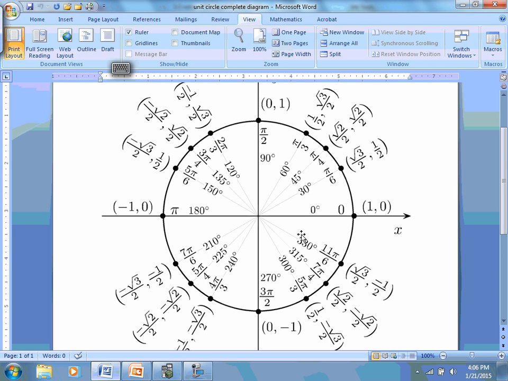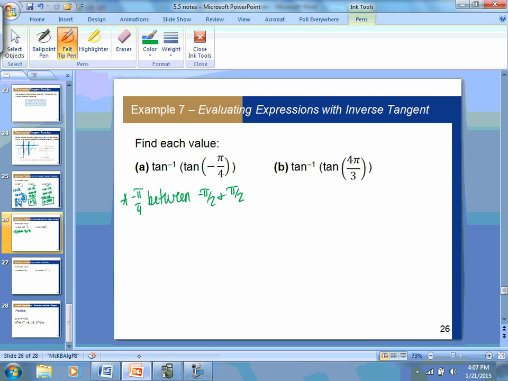Here's pi over 2. Here's negative pi over 2. Negative pi over 4 would be right here. We're going back pi over 4. So it is definitely between pi over 2 and negative pi over 2. So yes, it is between them. That means I can go ahead and just cancel those out, and my value will be negative pi over 4.